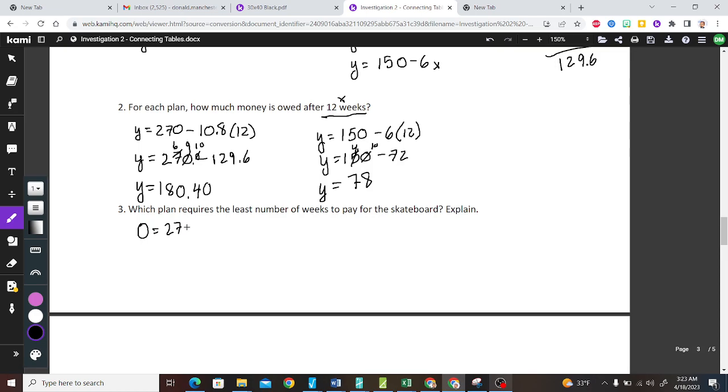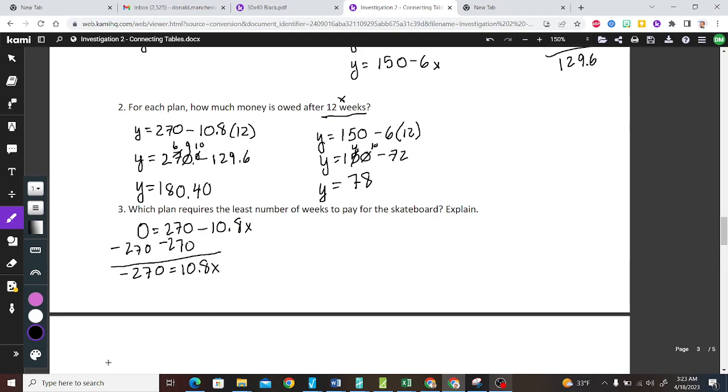So we're going to solve this for y equals 0. So if we look here, if we subtract 270 from both sides, we get negative 270 equals 10.8x.